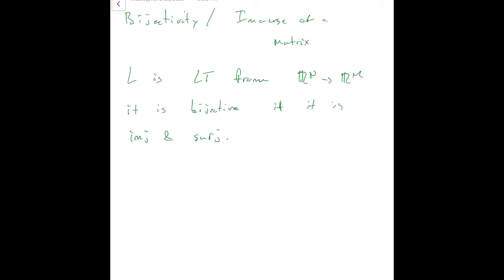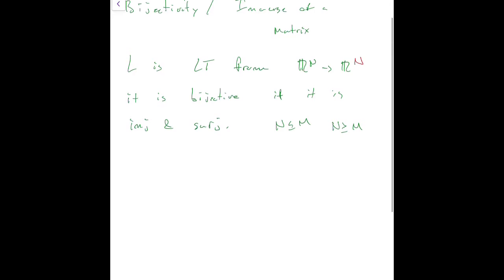Okay, so if it's injective, this tells us that n is less than or equal to m. If it's surjective, this tells us that n is greater than or equal to m. So it's injective and surjective, and the only way this can work is if n is equal to m. So L is going to be a linear transformation from Rn to Rn, and it's going to be a bijection.